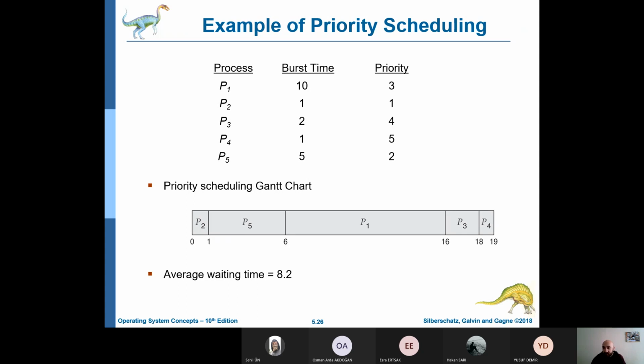We can directly see that the next priority will be P5, and we execute P5. After 5 milliseconds, we pick another one, again checking the priorities, where the lowest number is the highest priority, and we execute the process with the highest priority. So using priority scheduling with this set of processes, the average waiting time will be 8.2 milliseconds.